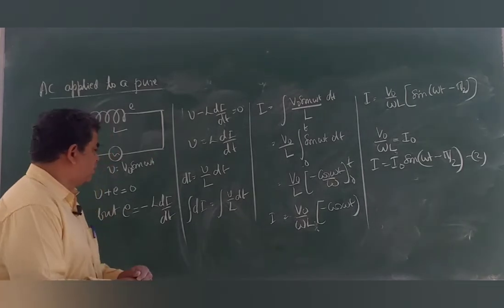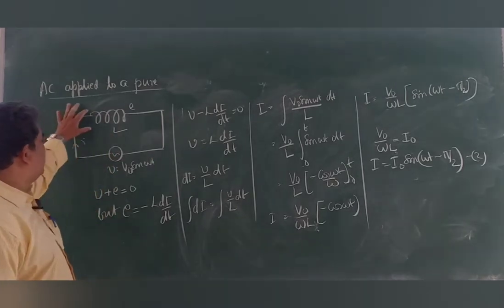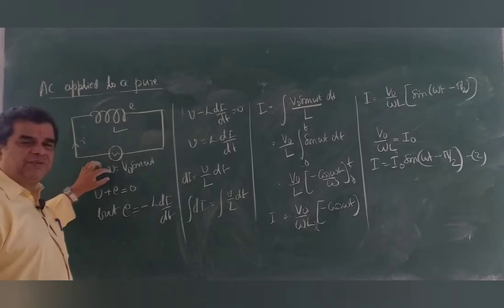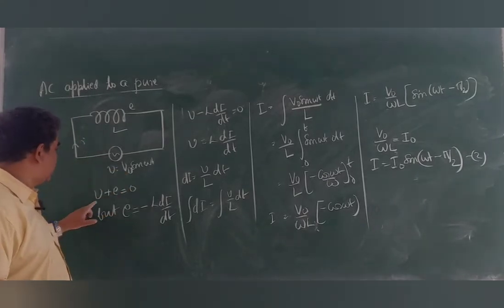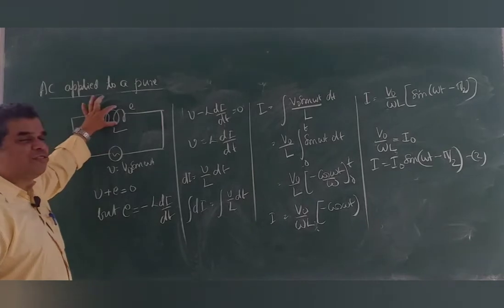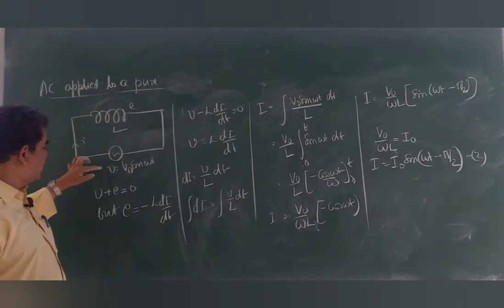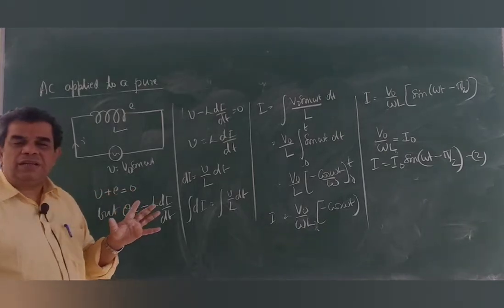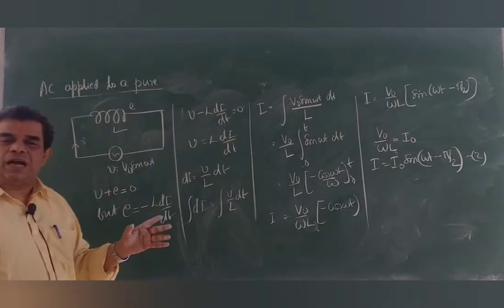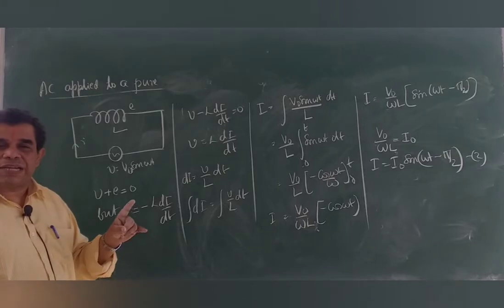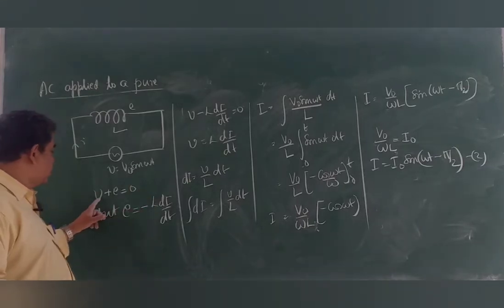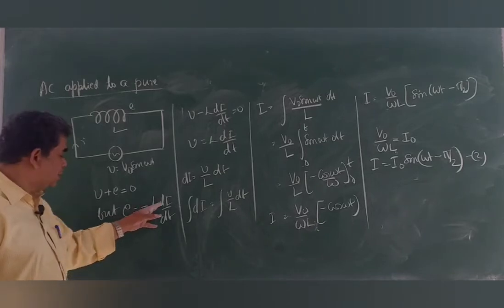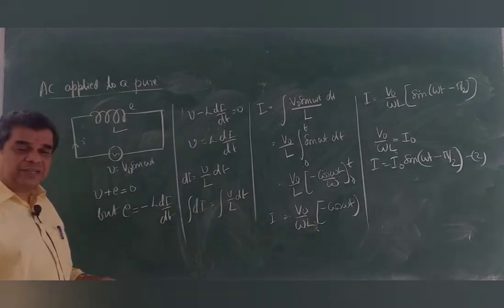Let me go through the derivation once again. Observe, we have an inductance of L Henry, applied with AC voltage V equals V naught sin omega t. And if E is the induced EMF at any instant, we can write the equation using Kirchhoff's law, V plus E equals 0. Remember, Kirchhoff's laws are applicable and Ohm's law is also applicable for AC. V plus E equals 0, but E we know from the previous chapter is minus L di by dt, where L is the inductance of the coil.